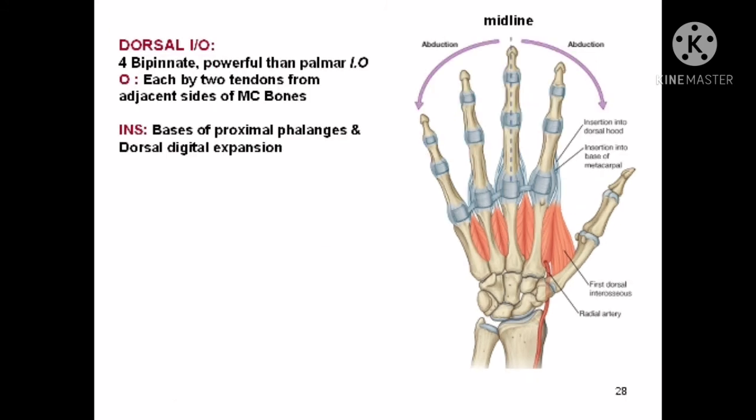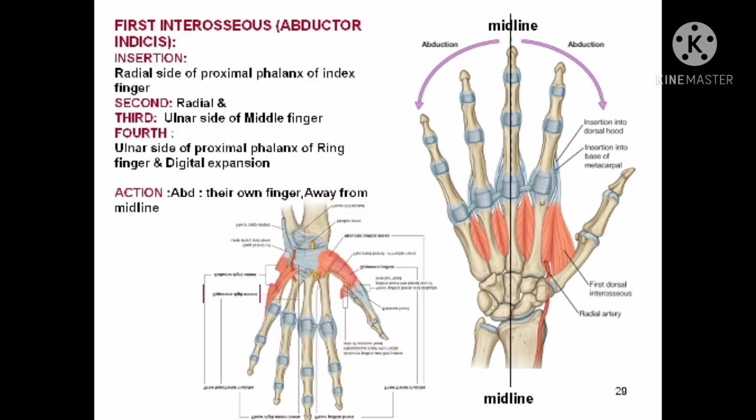The dorsal interossei are four bipennate muscles, more powerful than the palmar interossei. They arise each by two heads from adjacent sides of the metacarpal bones. Their insertion is on the bases of the proximal phalanges and the dorsal digital expansion.